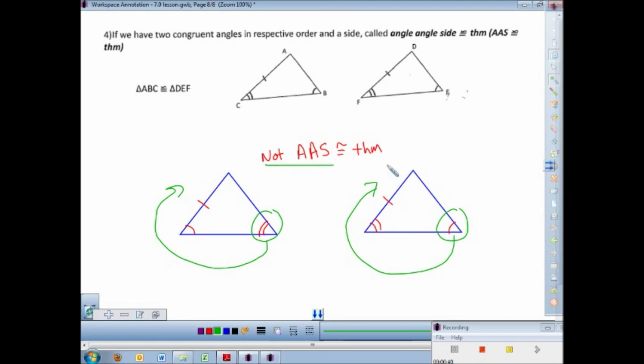So this is not angle, angle, side, because the angles were in the wrong order. If this was 70 degrees and this was 60 degrees, then the double arc mark is 70 degrees and this one's 60 degrees. You switched them around. It has to go 70, 60, side; 70, 60, side, and it didn't work that way. So not an angle, angle, side situation.